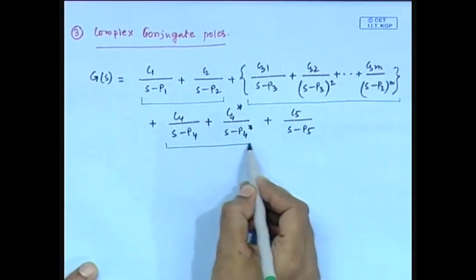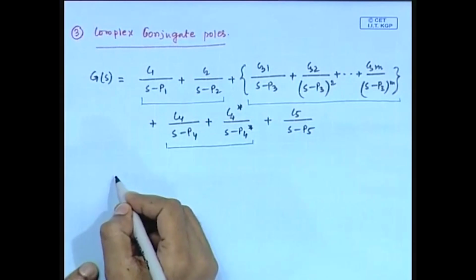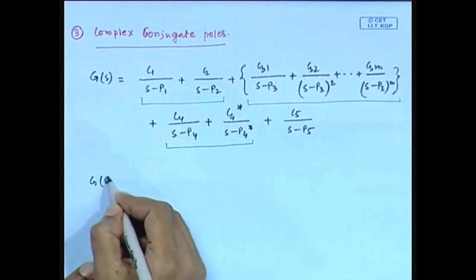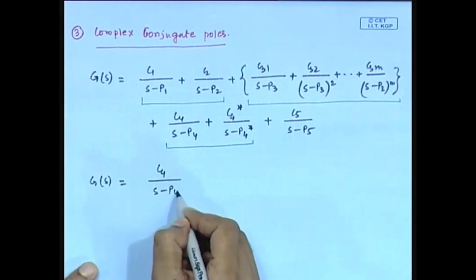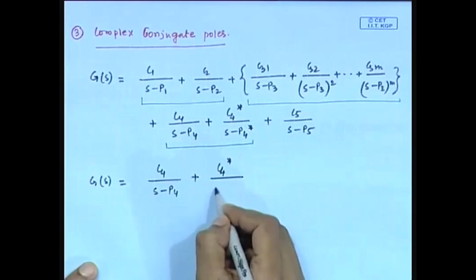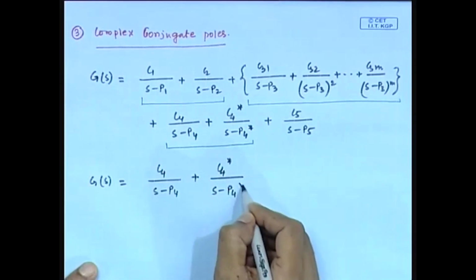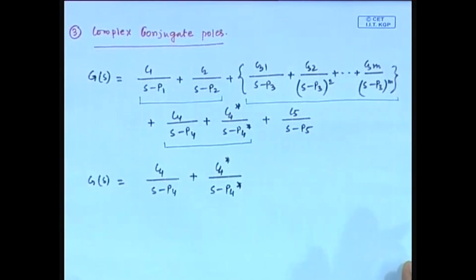Now, we will consider this part. I mean the transfer function reduces to C4 over s minus P4 plus C4 star over s minus P4 star. Fine. Now, the two complex conjugate poles are P4 and P4 star.